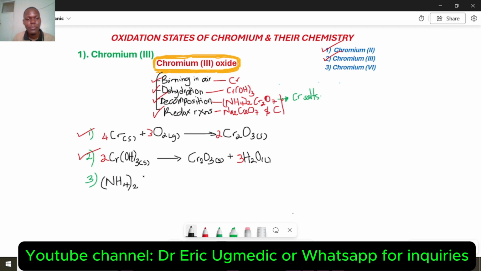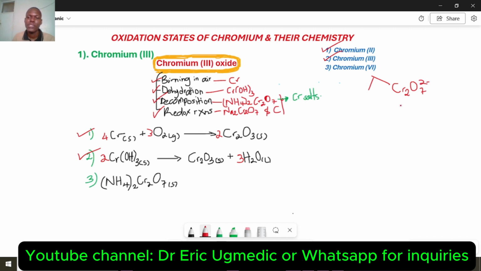So how we write this formula, you appreciate it more under chromium 6. I'll just give a brief explanation about this formula. So this oxidation state of +6, we shall see that there are 2 compounds, and one of which will be the dichromate. So this is called a dichromate, like that.